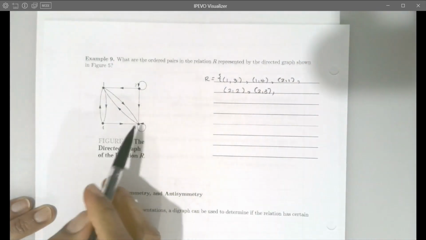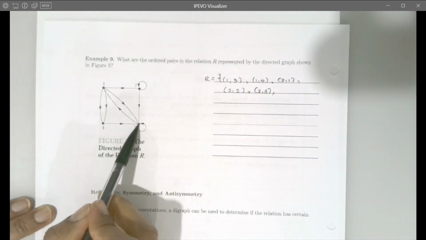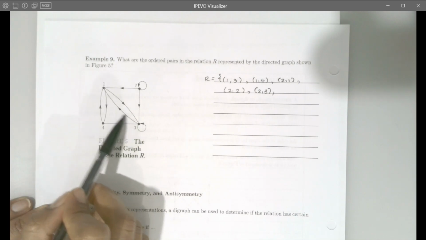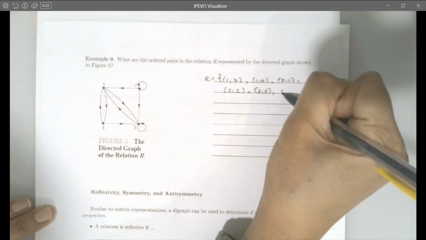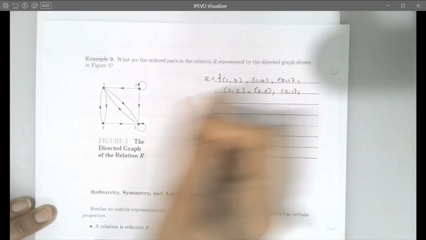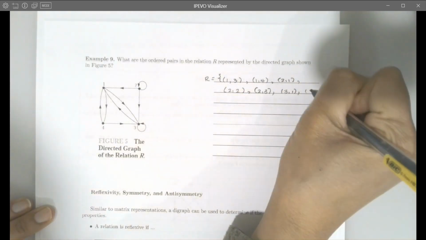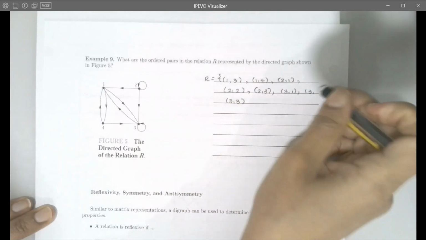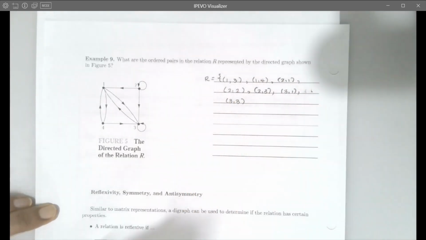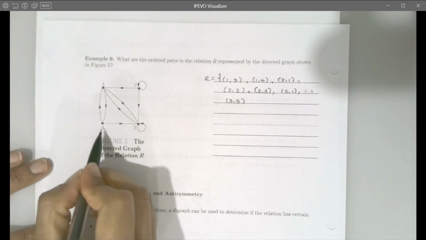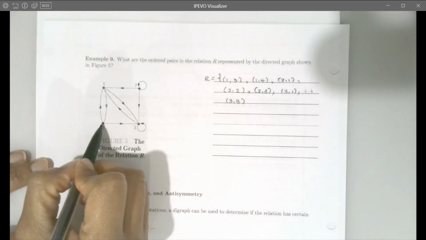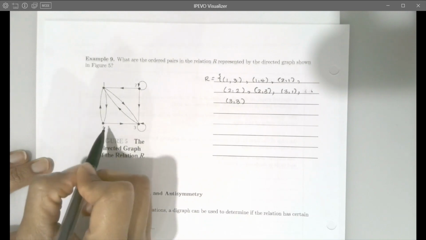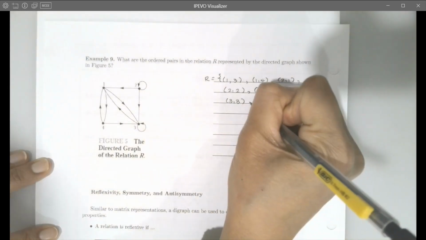Next, we'll take a look at vertex 3. Vertex 3 has 2 edges emanating from it. One going to 1, so 3 to 1, and then another going to itself, so that's 3 to 3. And then the last vertex would be 4. 4 has 2 edges emanating from it, so one going to 1 and the other going to 3.